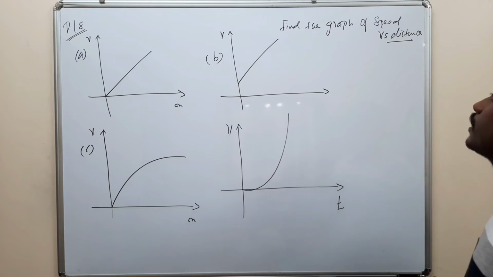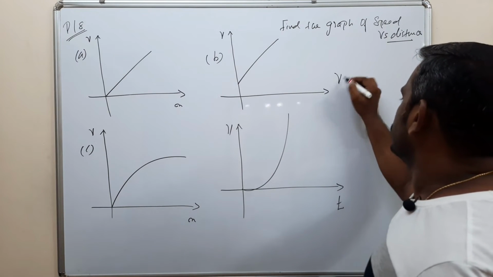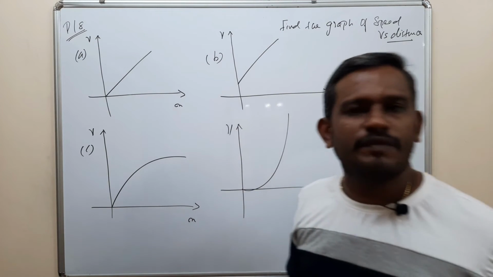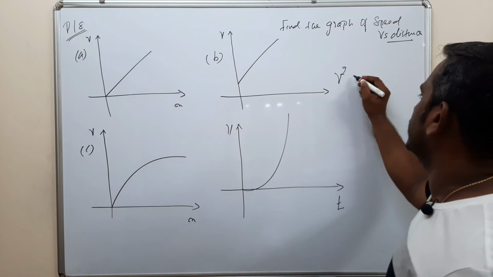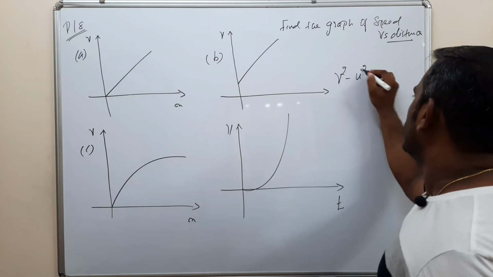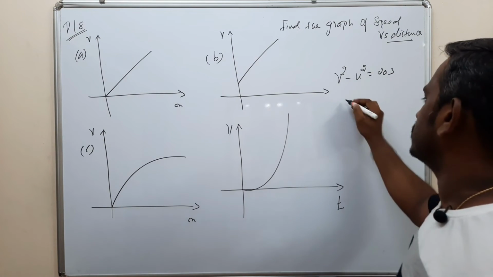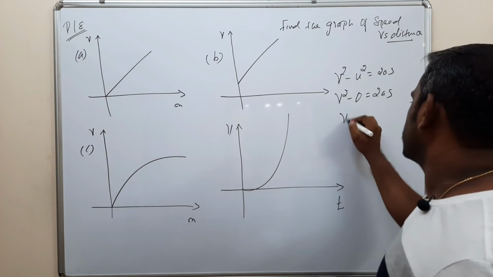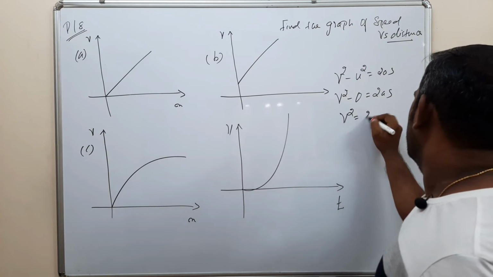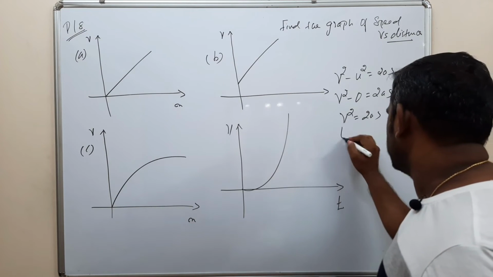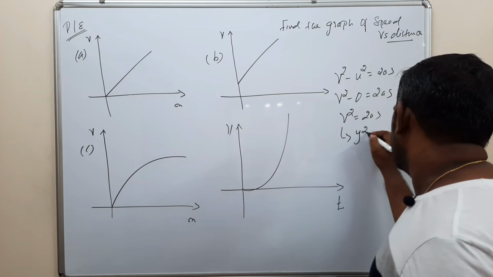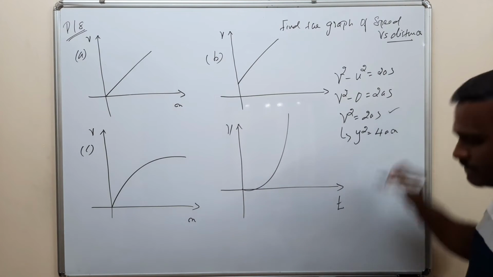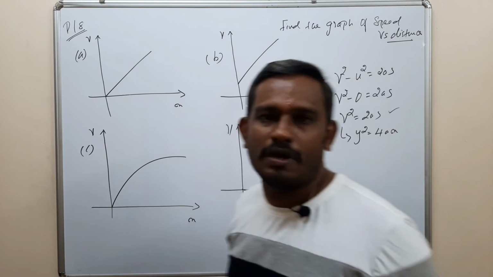The body starts from rest and moves with a constant acceleration. So we are using the kinematic equation v square minus u square is equal to 2as. So v square minus 0 is equal to 2as, so v square is equal to 2as. It corresponds to the equation y square is equal to 4ax, so definitely this equation resembles the equation of a parabola.